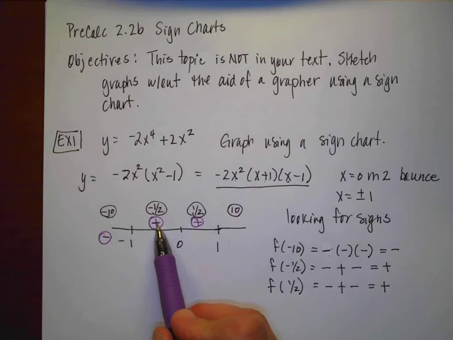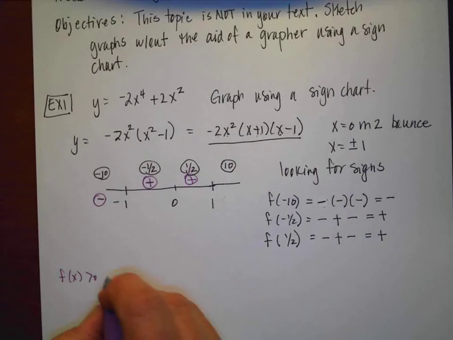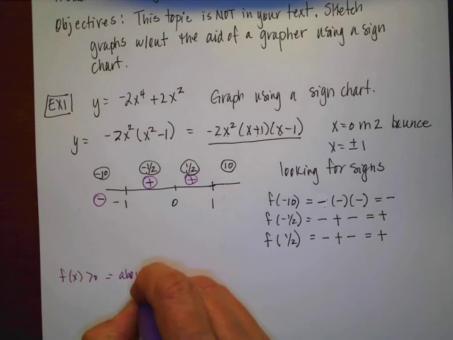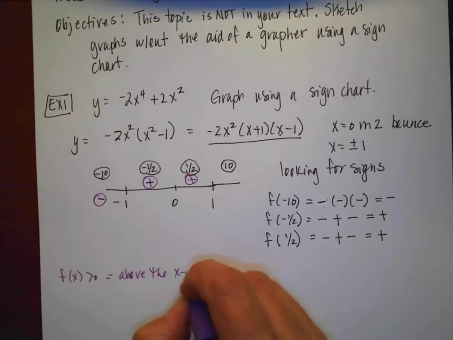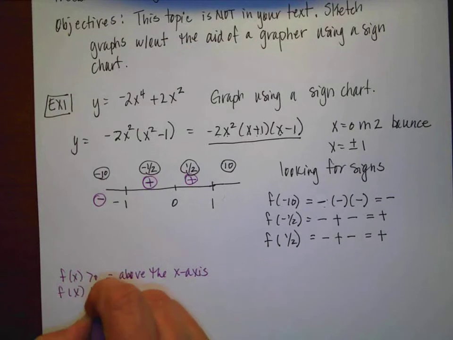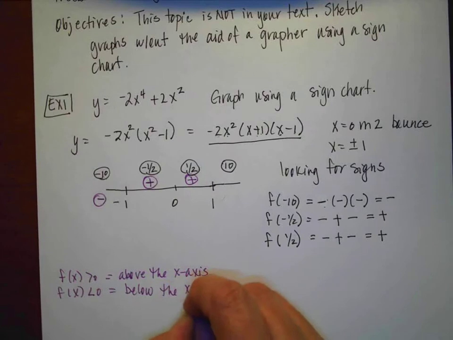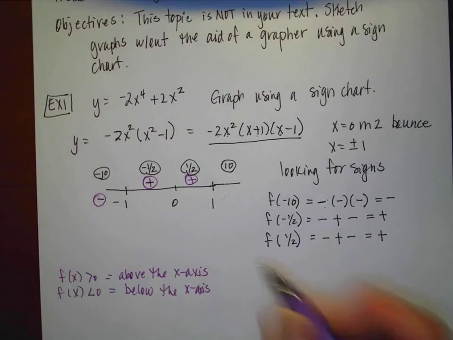Remember when a function is positive, that means it's above the x-axis. So I'm just going to write that down. If f of x is greater than 0, that means that it is above the x-axis. And if f of x is negative, that means it is below the x-axis.